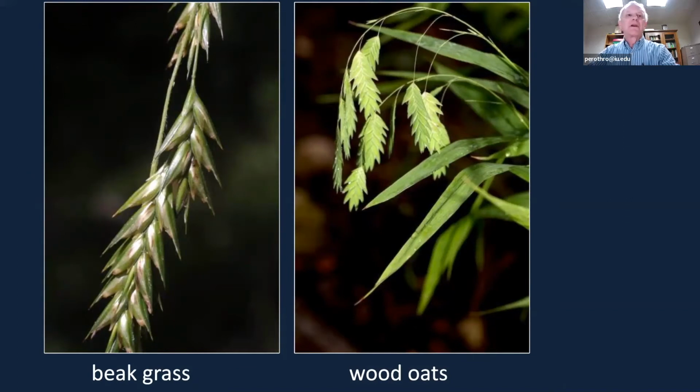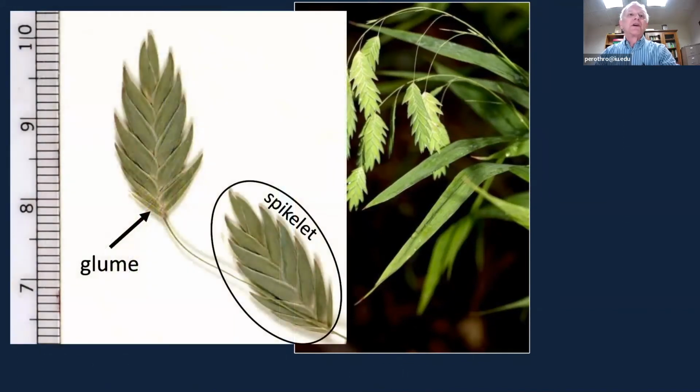And at the base of any one spikelet, you will find a pair of scales that lack florets. Grass folks have dubbed these scales glumes, I suppose because they're gloomy. They are not part of the reproductive action of the plant.